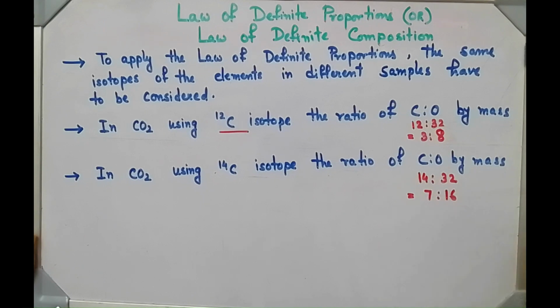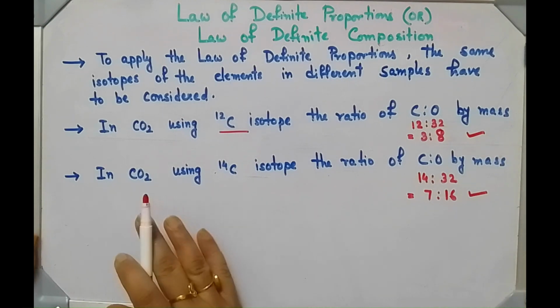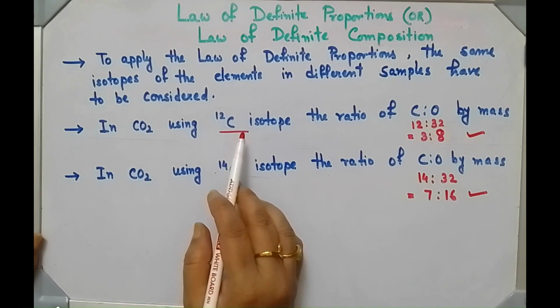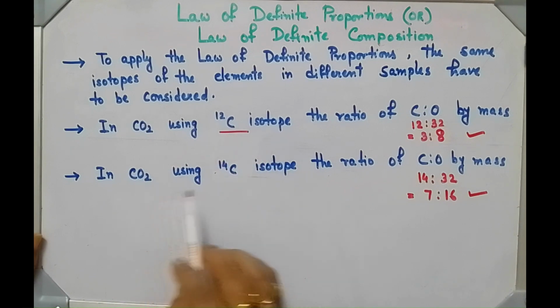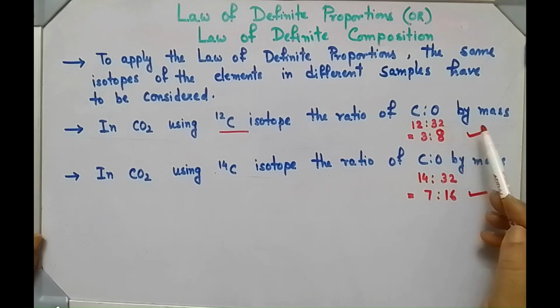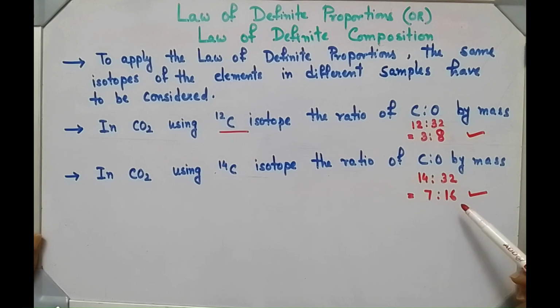So these ratios are not the same. That means if you are having two samples of carbon dioxide, one is having carbon 12 isotope, another is having carbon 14 isotope, these carbon to oxygen by mass ratios are not the same in both the samples. So here law of definite proportions is not obeyed.